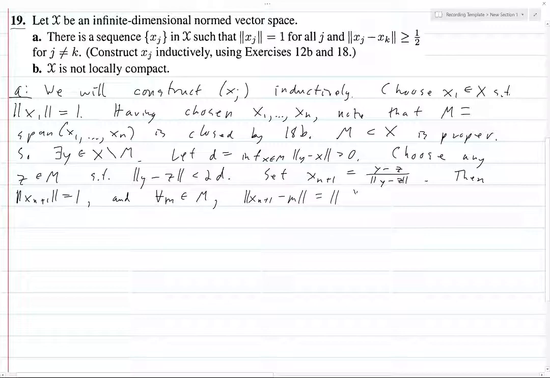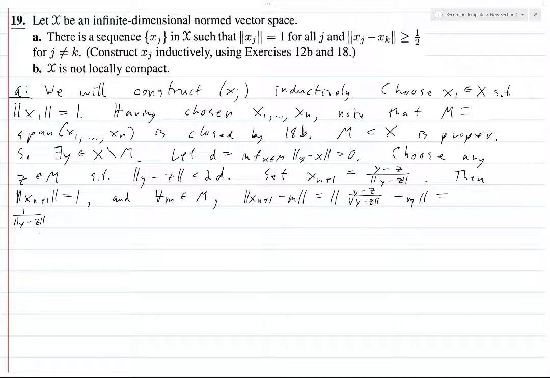By definition this is y minus z over the norm of y minus z, minus m. We factor out 1 over the norm of y minus z, which is not 0. Right, because the infimum is d, so the norm of y minus z is between d and 2d, so it's not 0 and we can divide by it.